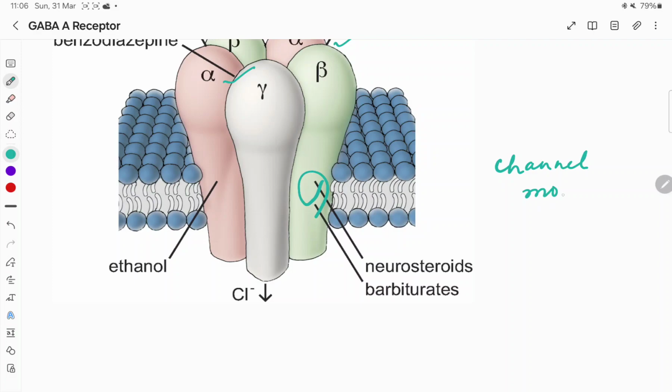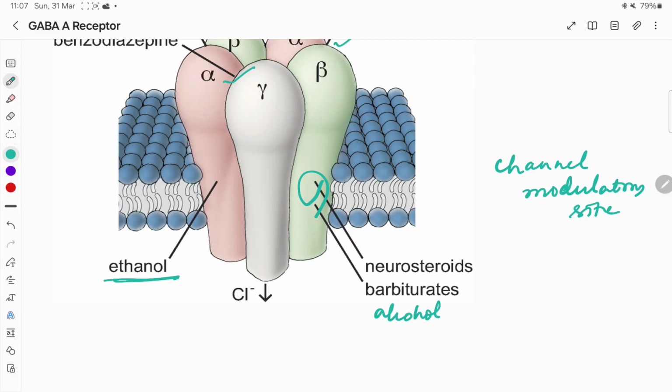There are other sites like the channel modulatory site to which barbiturates, neurosteroids, and alcohol all bind. So this is called the channel modulatory site. And for alcohol it is shown here.